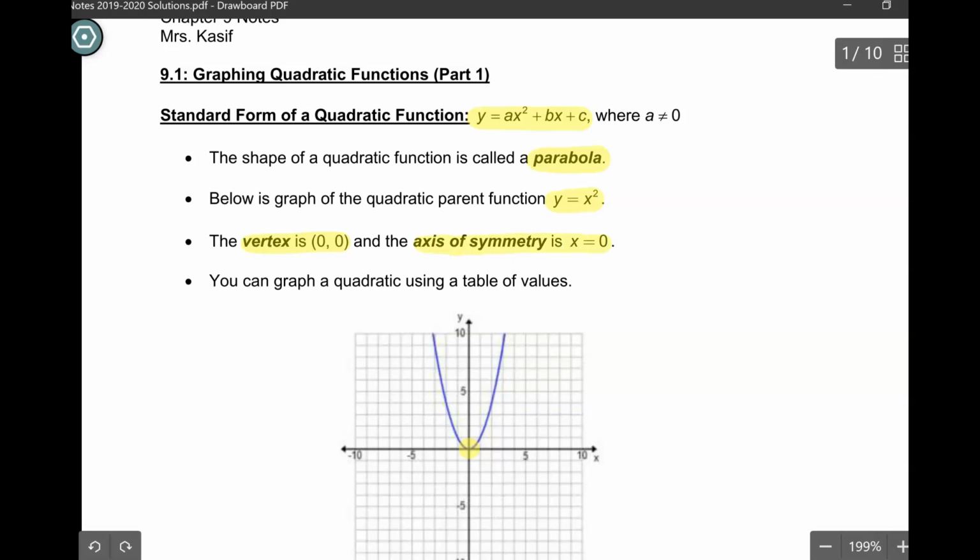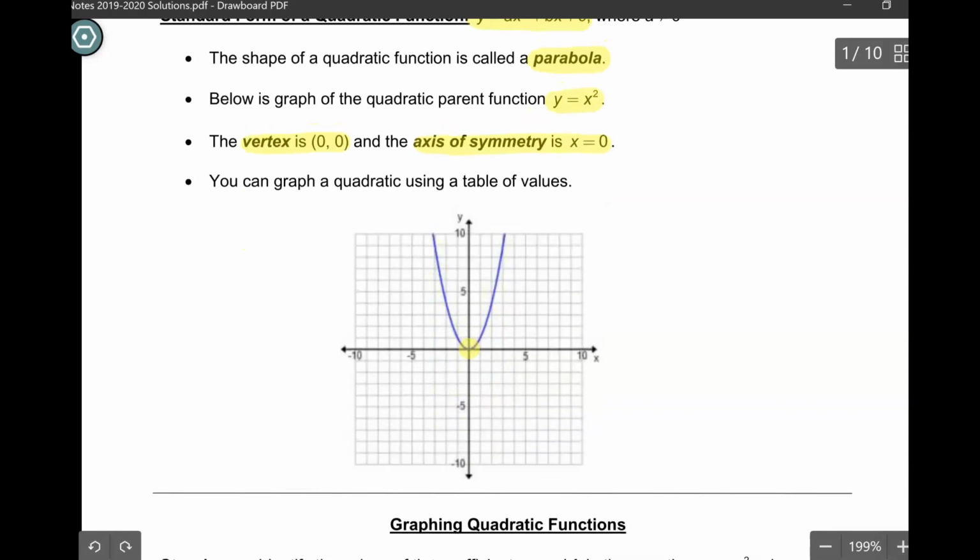So our axis of symmetry is the line that goes right through. So imagine if we were able to fold our paper along that line I just drew, the function would map onto itself. In other words, symmetrical. So whatever I have on the left side, I can also find on my right side.